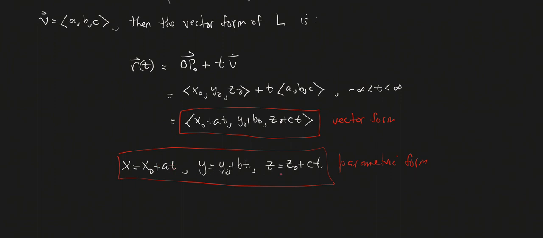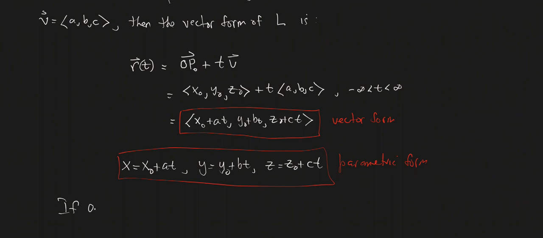So if we assume that all the components of the direction vector are non-zero, so let me just state what I'm going to state in parentheses without trying to get too fancy.